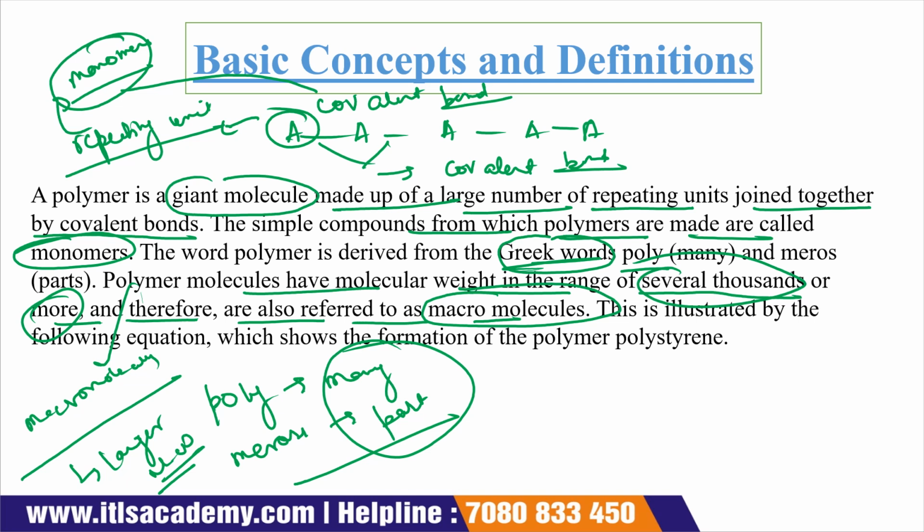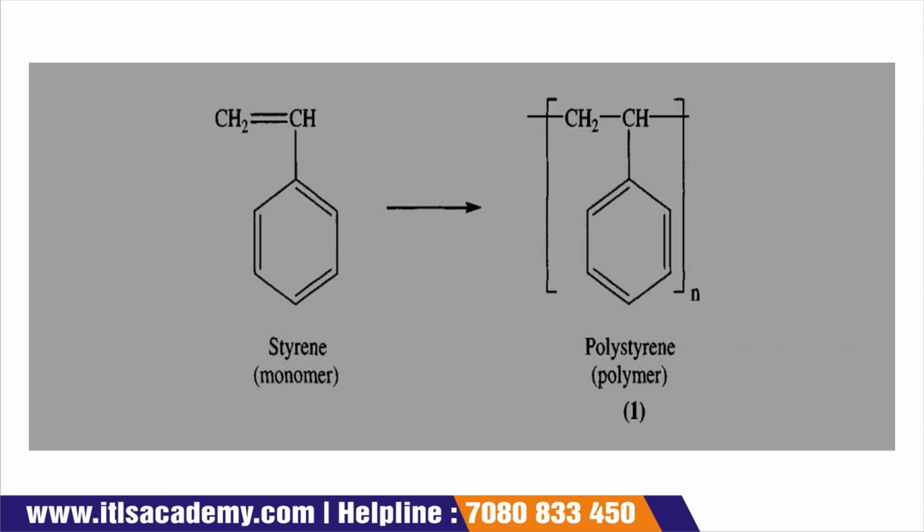This is illustrated by the following equation, which shows the formation of the polymer polystyrene. This reaction will be in the next slide. See, this is your reaction. Here it is styrene, which is a monomer.